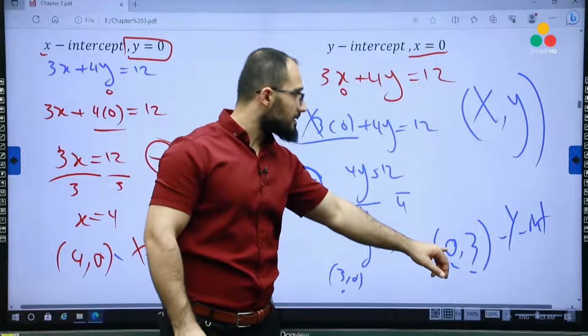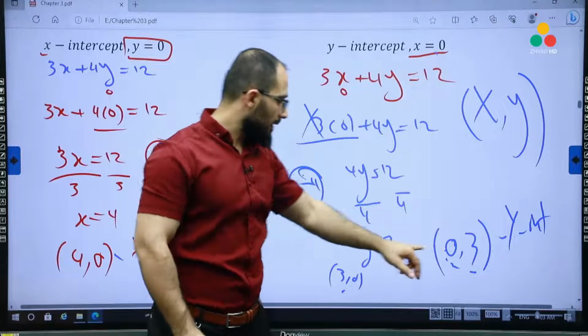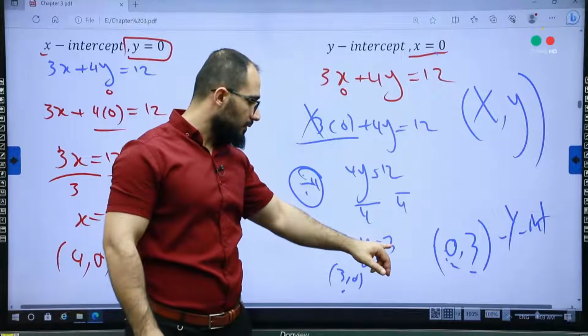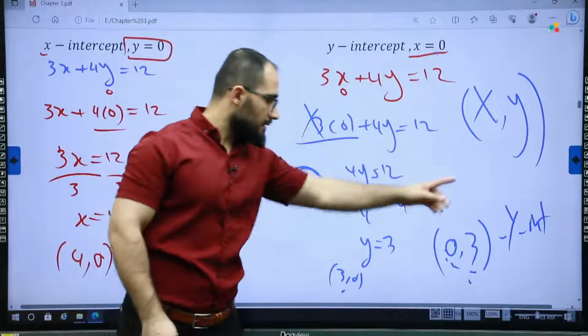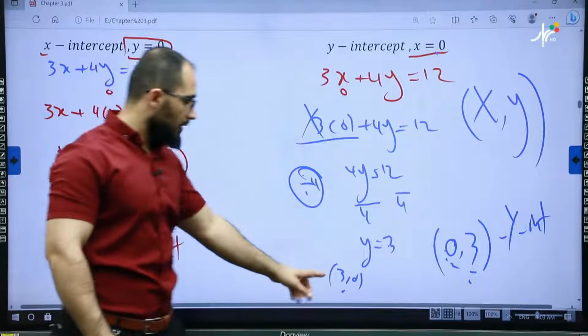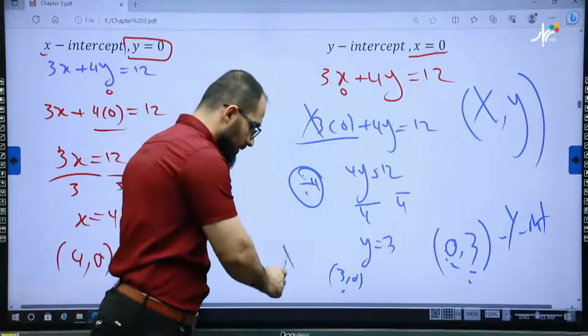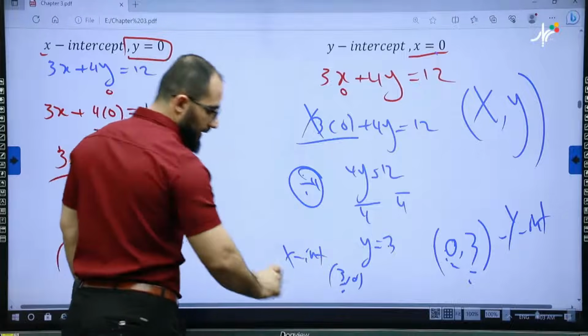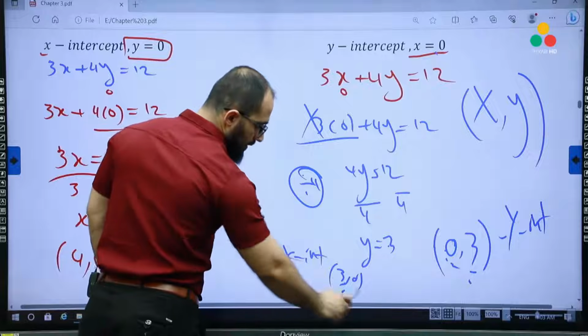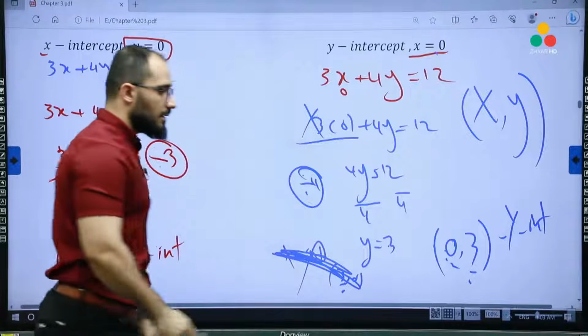Write x in its place, x is 0. In the final result, you got y is equal to 3, so write it in the second place. That's why the y-intercept is going to be 0, 3. You cannot write 3, 0 because it is the x-intercept. It's not correct.